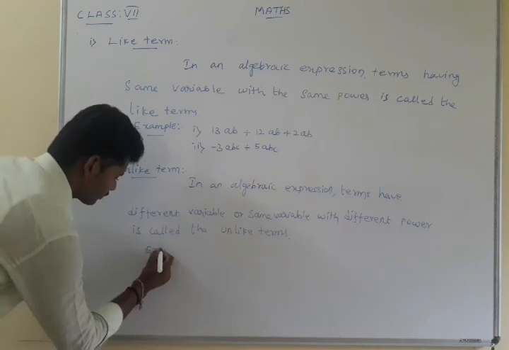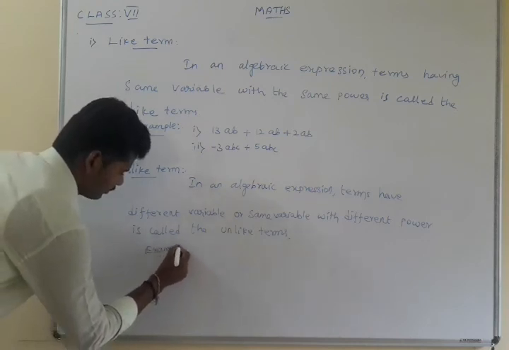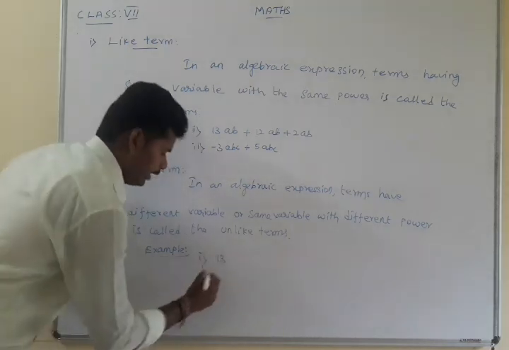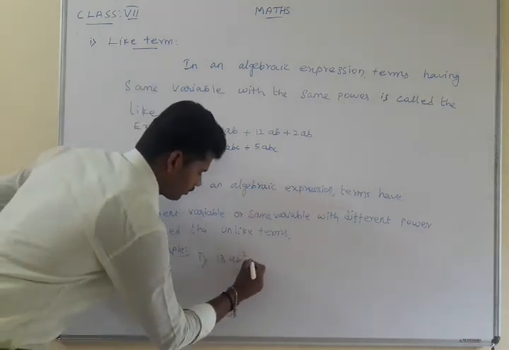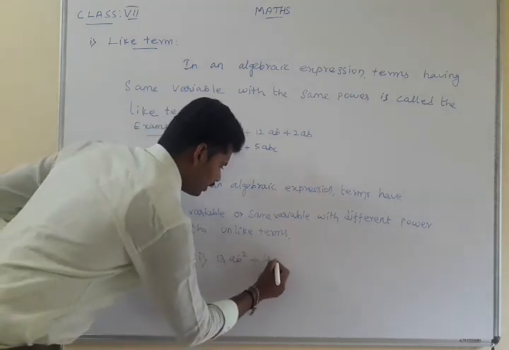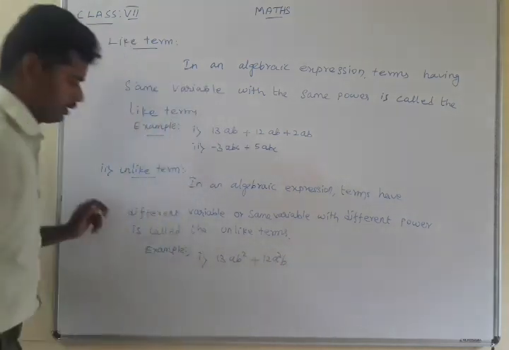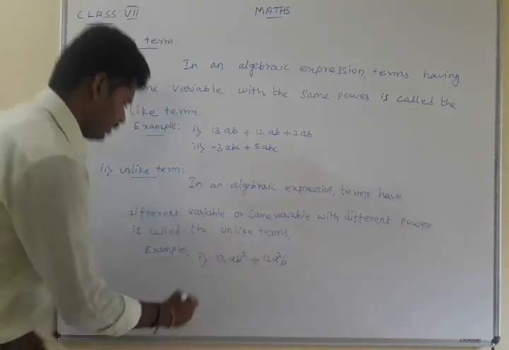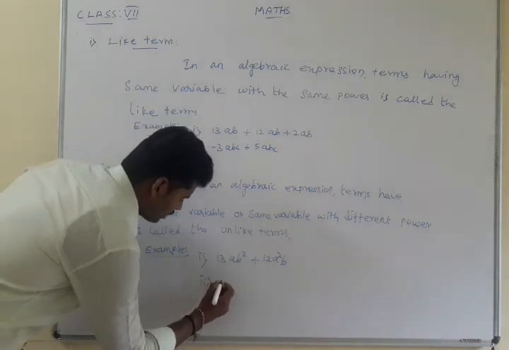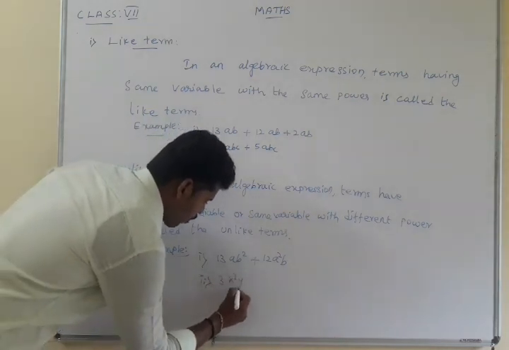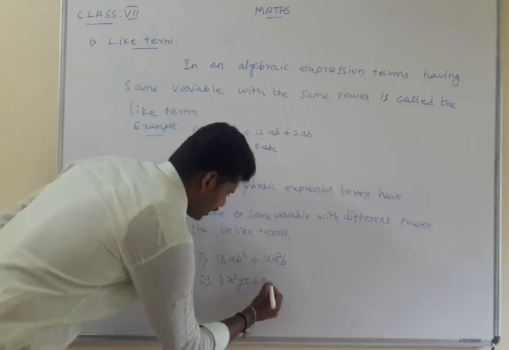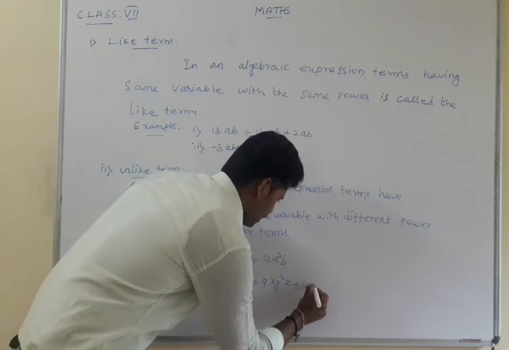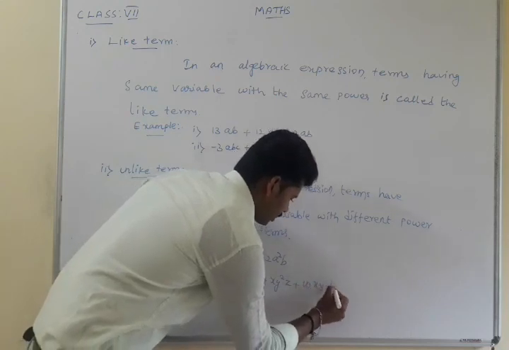Example, 13ab square plus 12a square b. Here the variables are the same but the powers are different. 3x square yz plus 9xy square z plus 10xyz square.